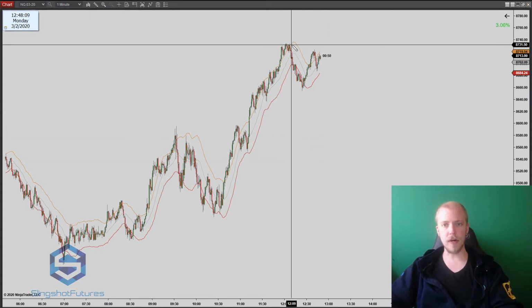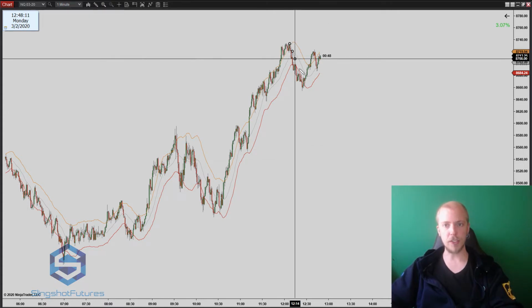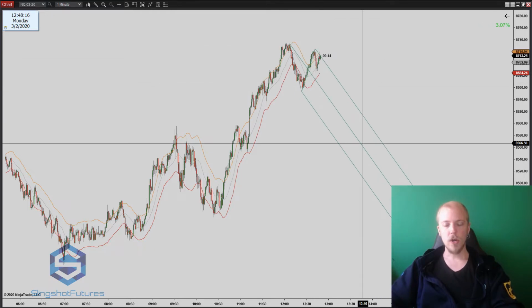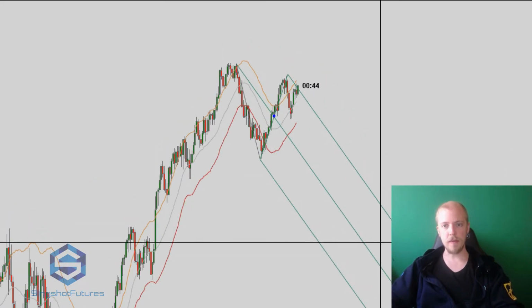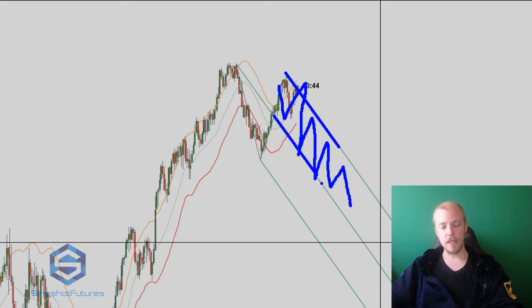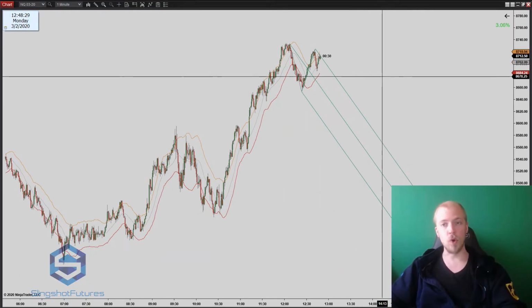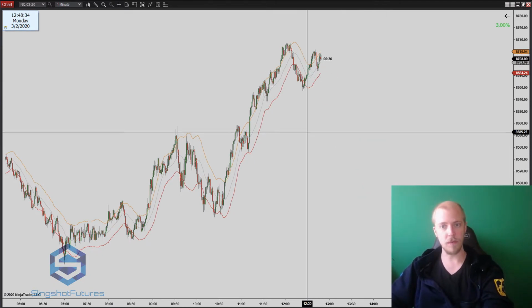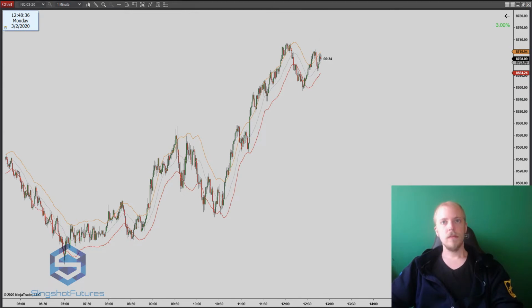If it does, what we should see is, if I draw from the top to the bottom and then project that leg out, the market stay within the bounds of the middle to the top. That would be typical if the market were transitioning down. Now, if we start breaking outside of that, that's showing us that something is wrong. The buyers are taking over in that case, and something is wrong from the sell perspective.